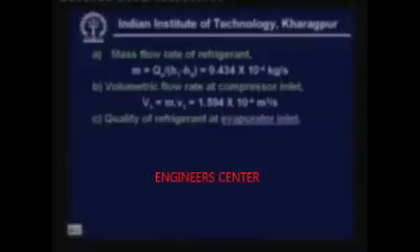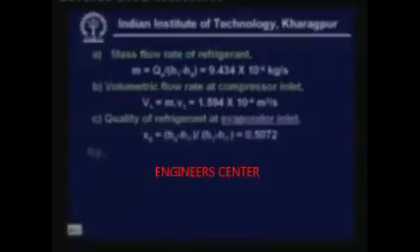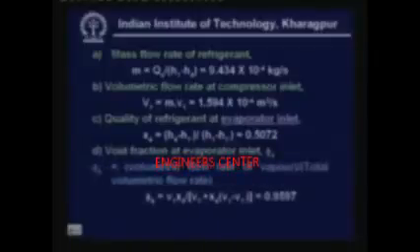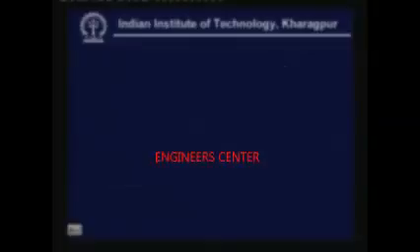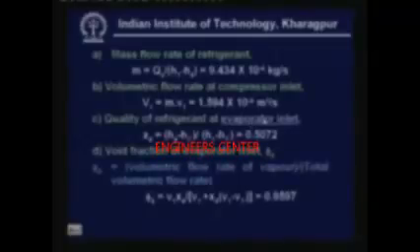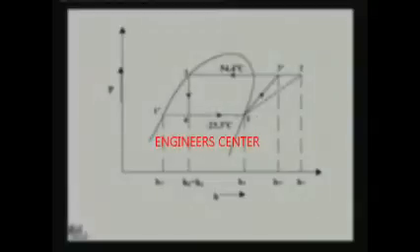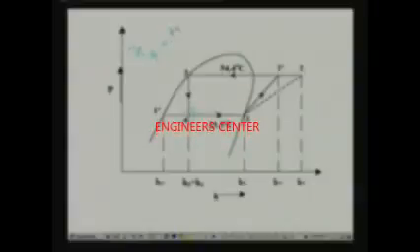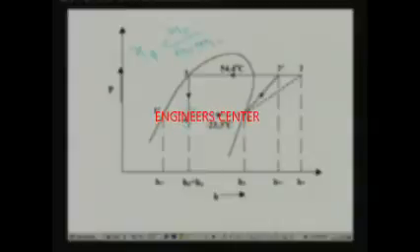And then the quality of refrigerant at evaporator inlet. What do we mean by quality? We have already defined quality. Quality at evaporator inlet, at this point, is defined as the mass of vapor divided by the total mass, that is mass of vapor plus mass of liquid.